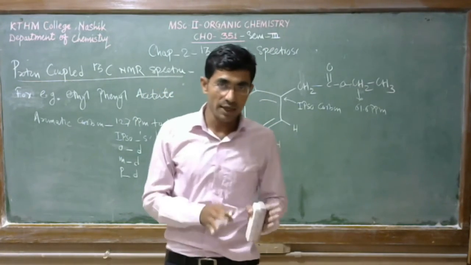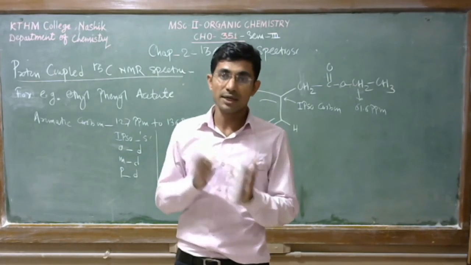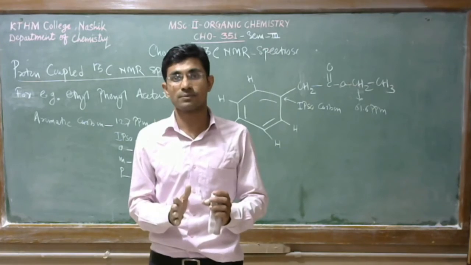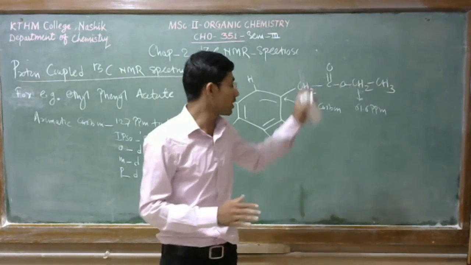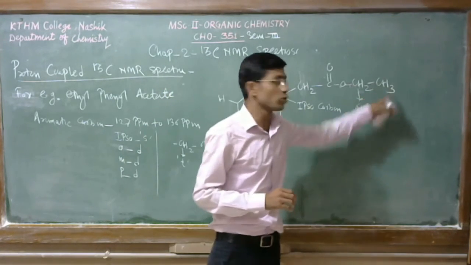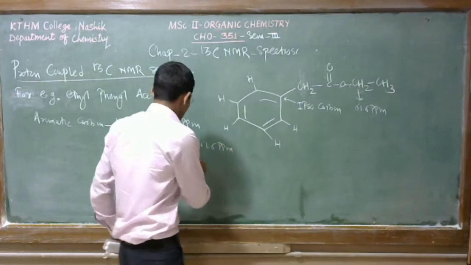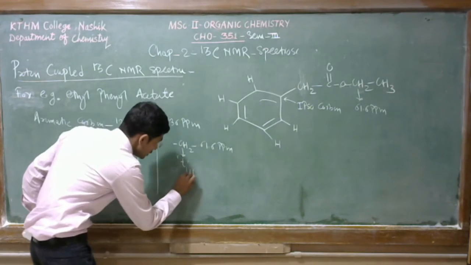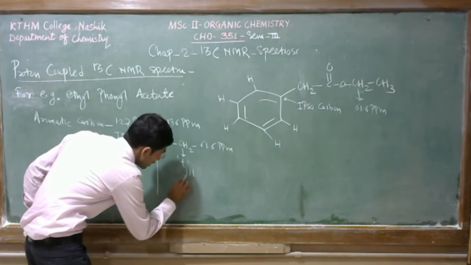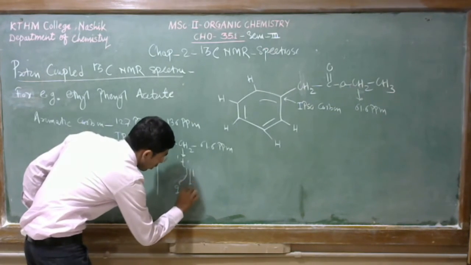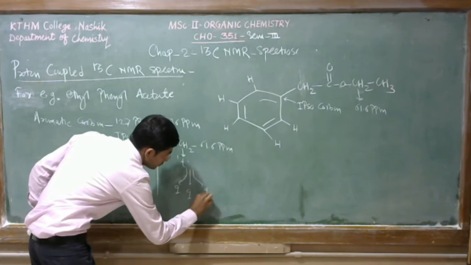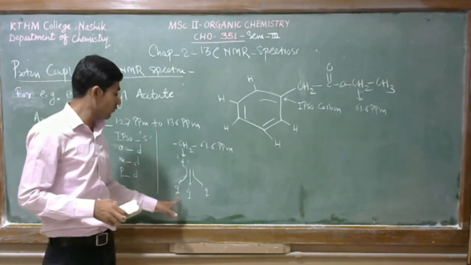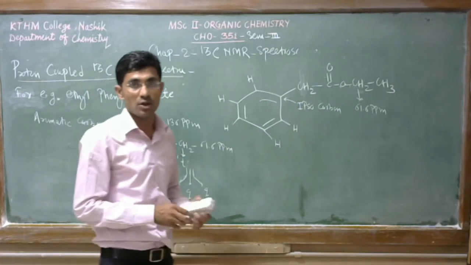Each line of this triplet is again split into a quartet because of the methyl group here. So what happened? We get 3 lines, and each further splits into a quartet, so 4, 4, 4, overall 12 lines.